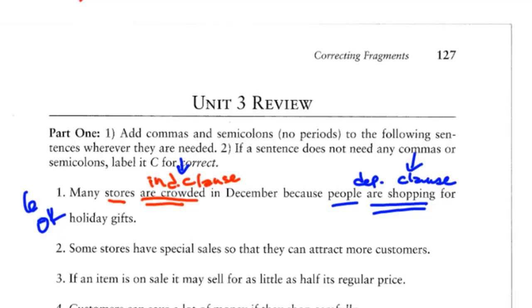On number 2, some stores have special sales so that they can attract more customers. We do have the word so here, and it's connecting two clauses, but by using the word that with it, it's no longer an independent clause after so. So that makes the second part a dependent clause. First part's an independent clause, though.